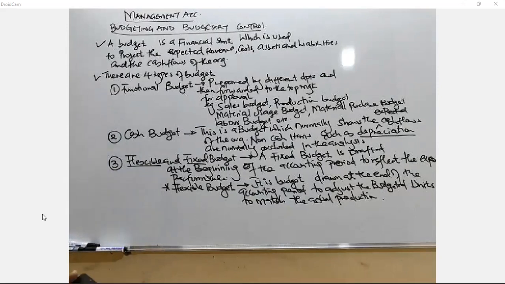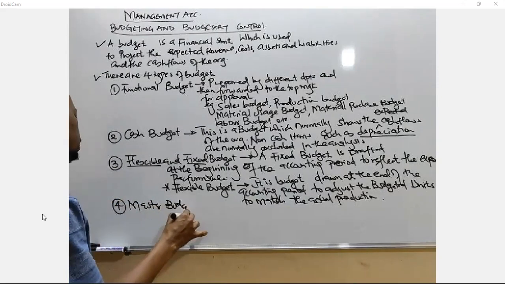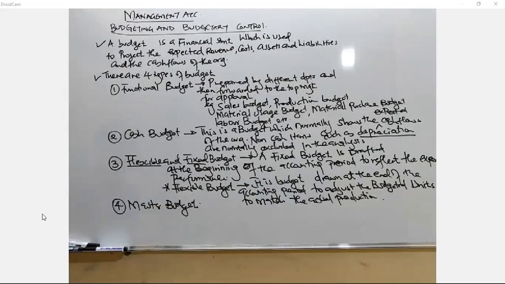But the last one is normally called the master budget. It is not tested. I will just tell you to go and research about it. It is a type of budget whereby you incorporate the financial statements. The master budget is a budget which comprises the cash budget, income statements, and the statement of financial position.